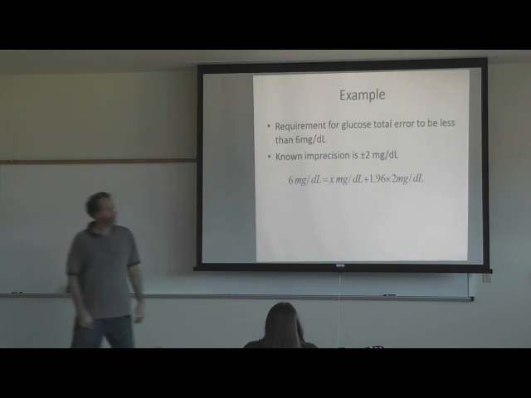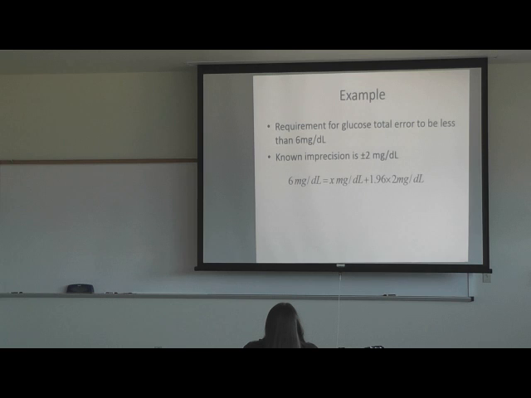And then that's going to equal what? About 2 milligrams per deciliter is the maximum amount of bias your equipment can have then. Does that make sense? So total error includes the bias errors and your imprecision errors.